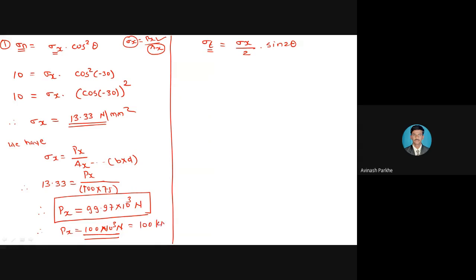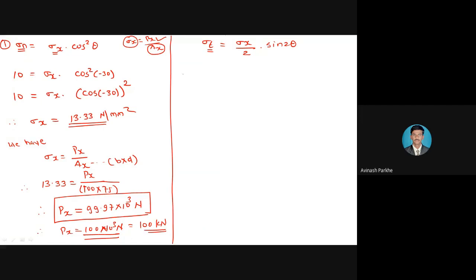You can keep it as it is, no problem. 99.97 is also accepted, and this approximate value of 100 kilonewton is also accepted. So this px value you get from the normal stress formula.